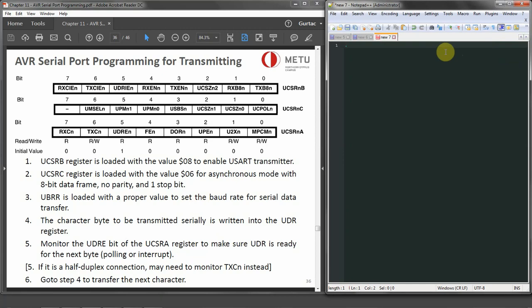Okay, I'll start with LDI R16. So we want to set the UCSRB register, so that's going to be only the TX enable pin.